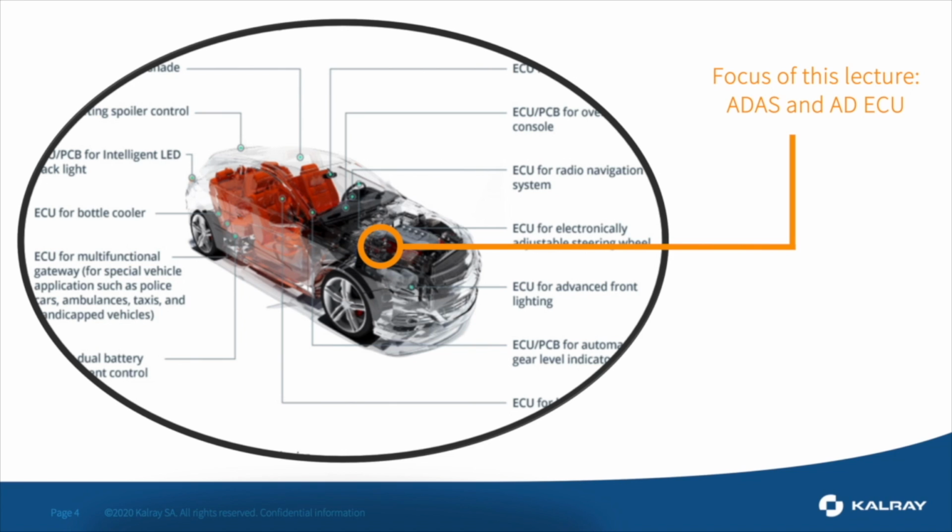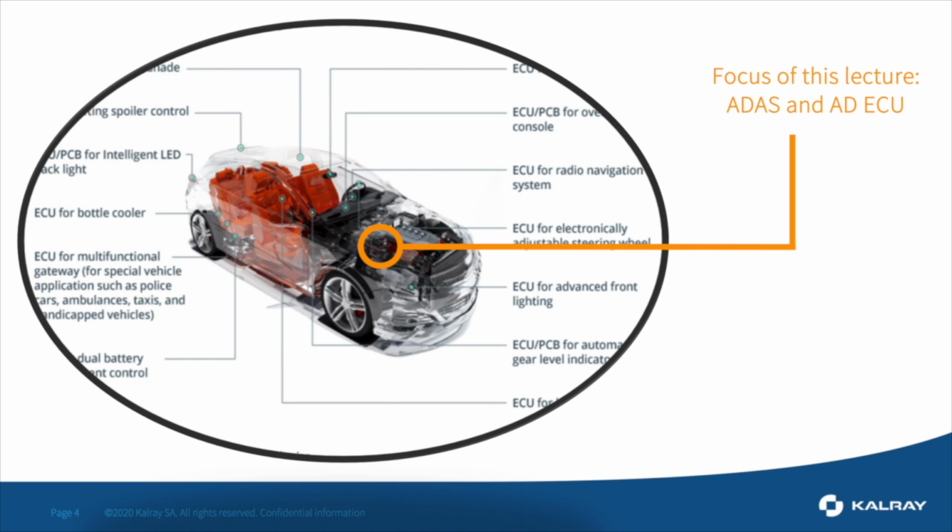ADAS stands for Advanced Driver Assistance System, that helps you to park your car, to control and monitor your speed, to have management of radars for indications when the driver still remains in control of the vehicle.